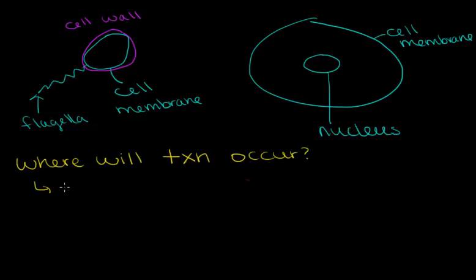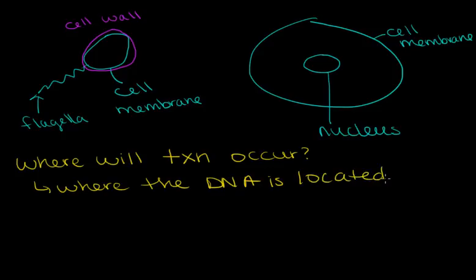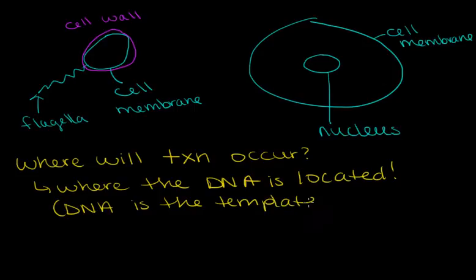So why is that the answer? That's the answer because DNA is the template. So anything that uses DNA is going to have to occur where the DNA is, because the DNA doesn't move.